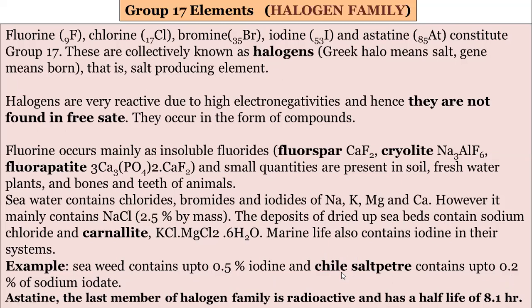Remember this chili saltpeter. This is an occurrence from where the iodine can be generated. So it contains up to 0.2 percentage of sodium iodate. And astatine, I already discussed this. This is radioactive, and its chemistry is not very much known.